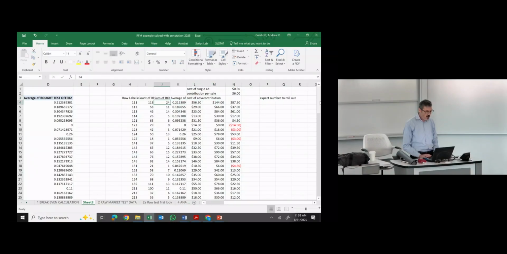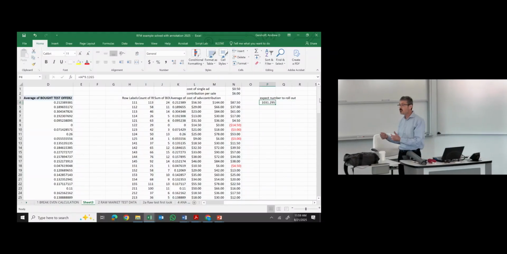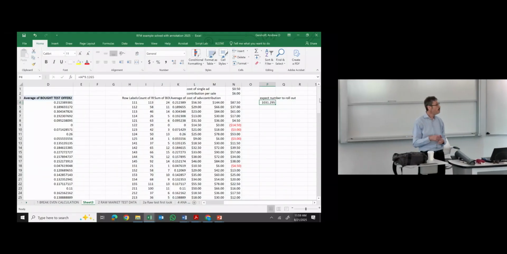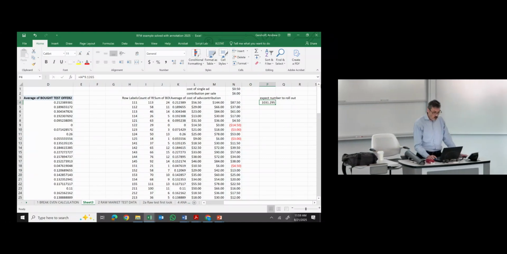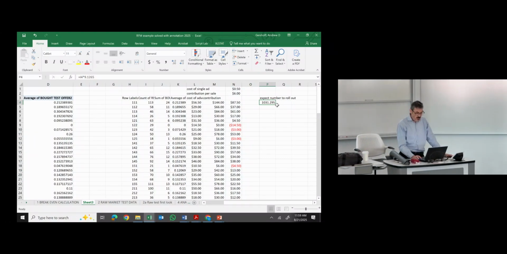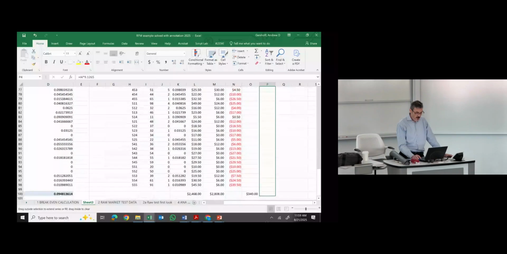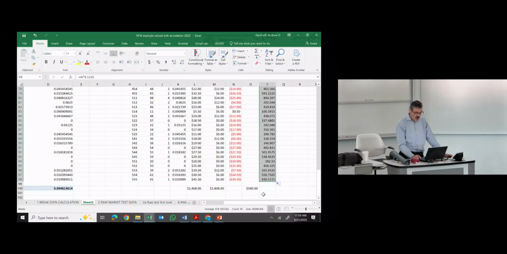The count is 113 people in segment 111, equals this 113 people times 9.12, we said 9.1265, close enough. So I believe in that rollout sample, there are about 1,031 people in segment number 111. And then I can just drag these numbers down to know how many people there are in each segment. So that's the total number, and if I add that up, equals the sum of this column.